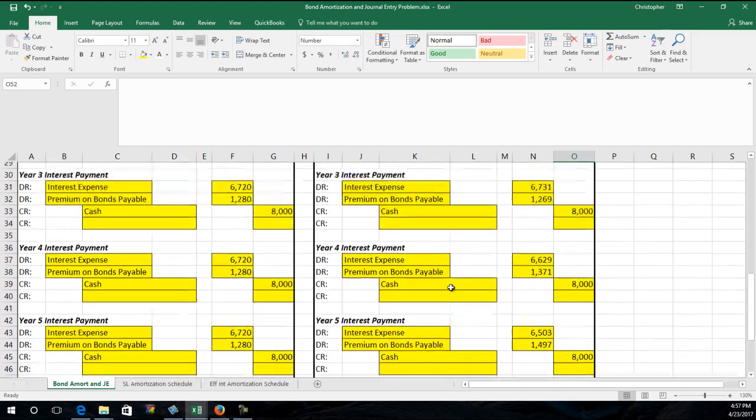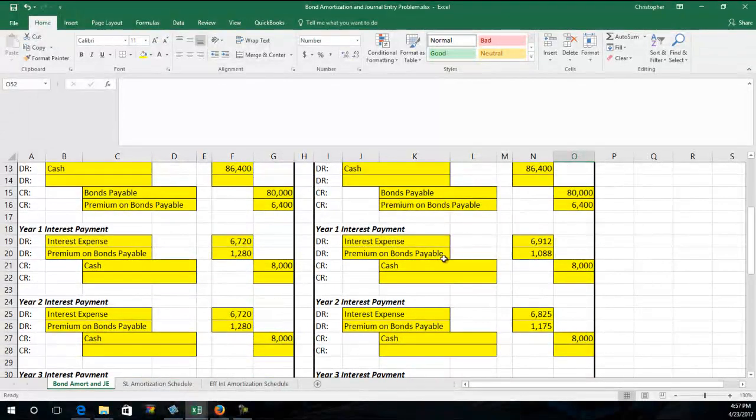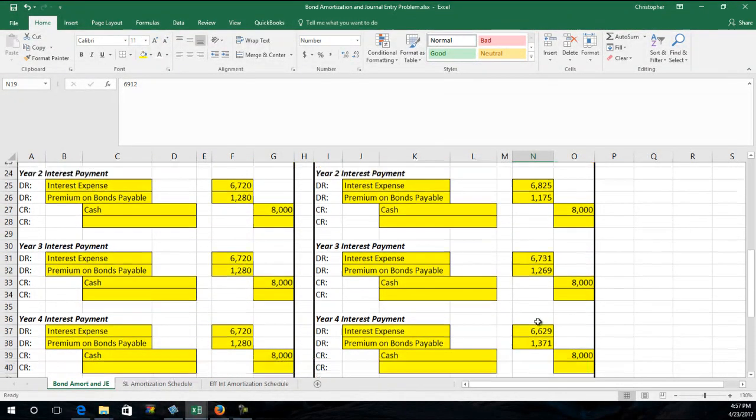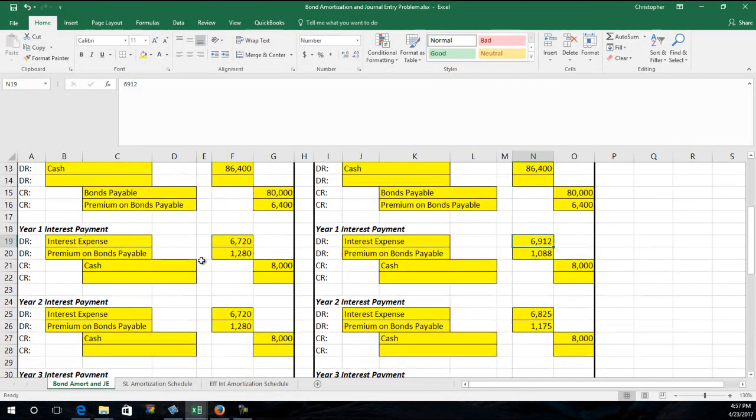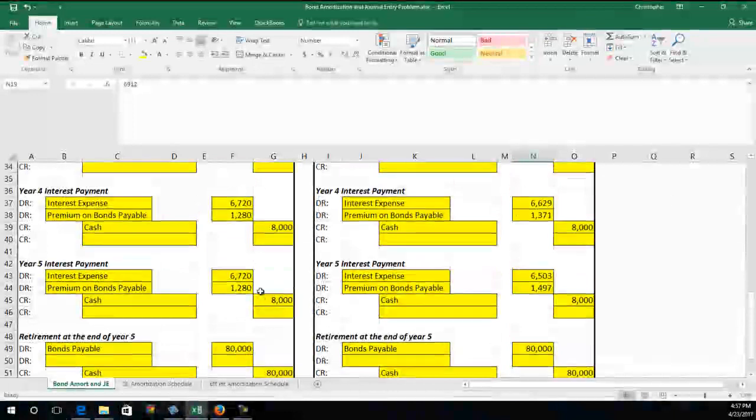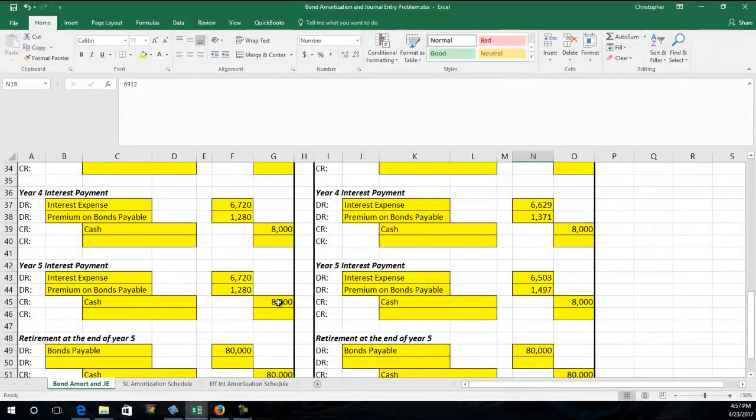So what this basically tells you is that under the effective interest method for a premium, the interest expense starts off high and gets lower as the years continue because the carrying value drops. But under the straight line method, it's the exact same amount for every year. So hopefully this helps to clarify the whole concept of bond amortization and the corresponding journal entries.